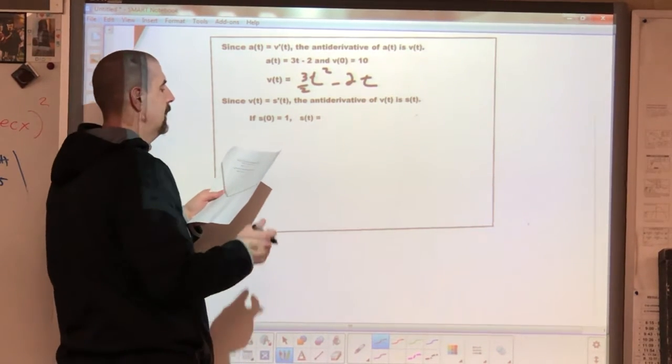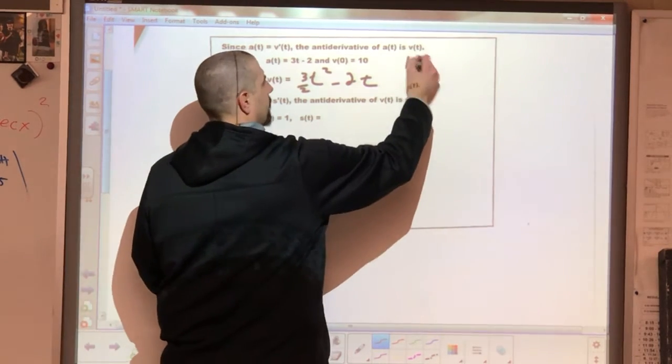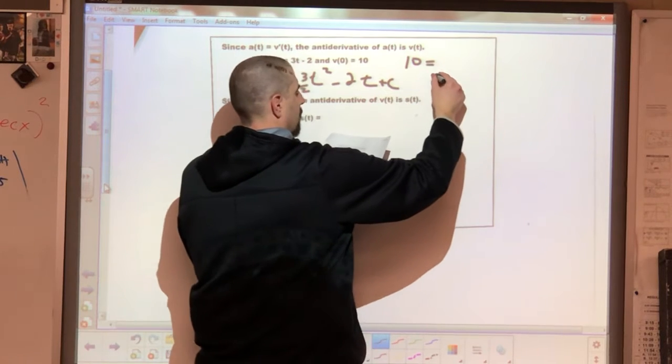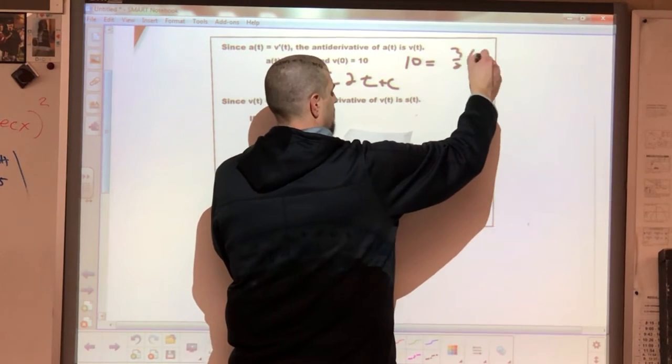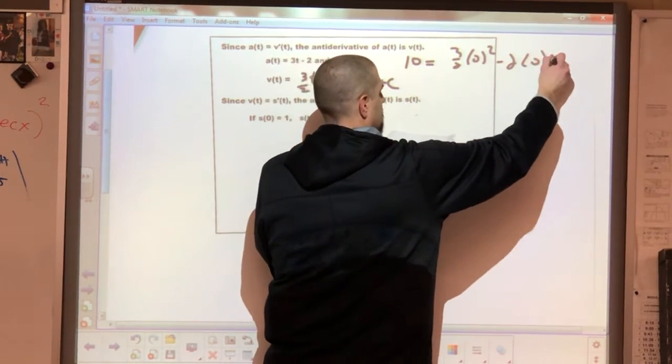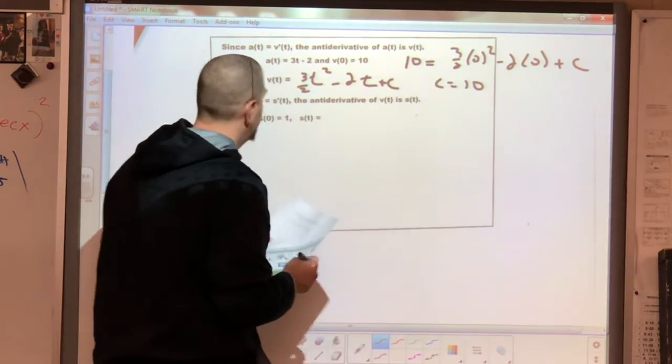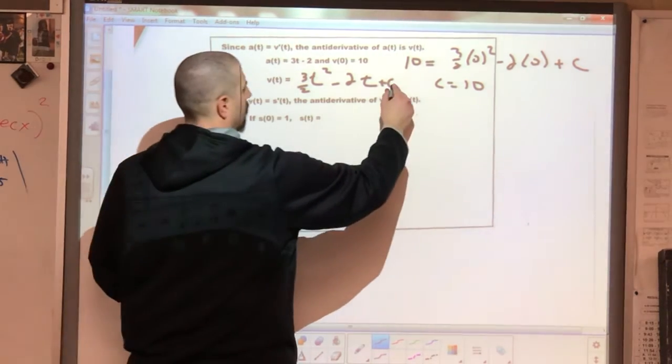We're going to plug in 10 for v of 0. So we have plus c there. Find our c, so you're going to get 10 equals 3 halves times 0 squared minus 2 times 0 plus c. So c equals 10.